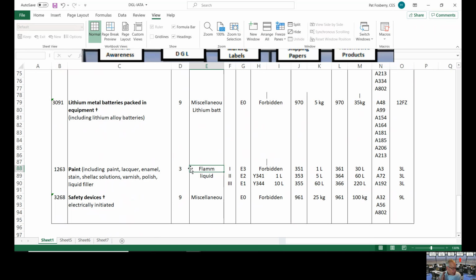E3, E2, and E1 all have that inner packaging of 1 ounce. They differ a little bit on the outer packaging, whether it's 300 grams or 500 grams. And again, that would be the outer casing.